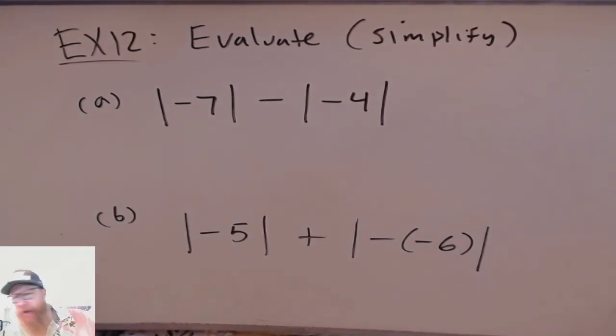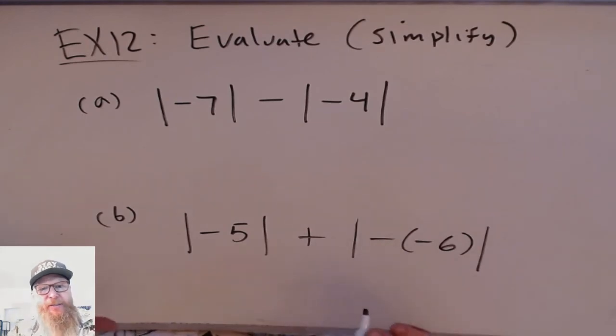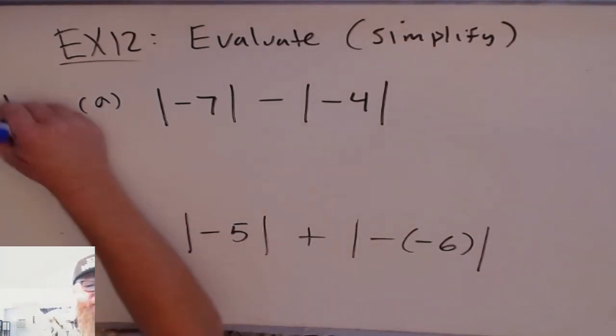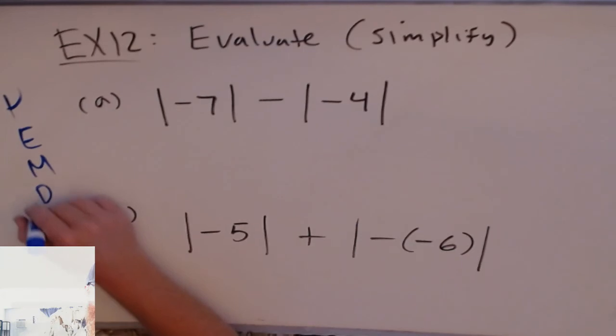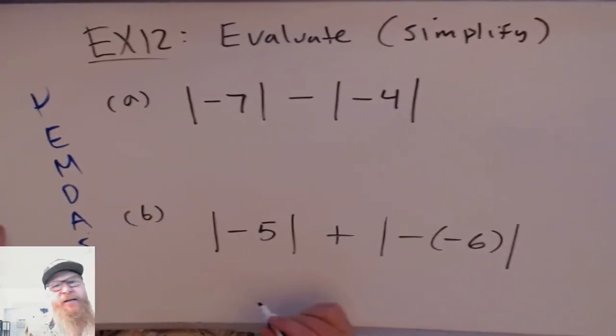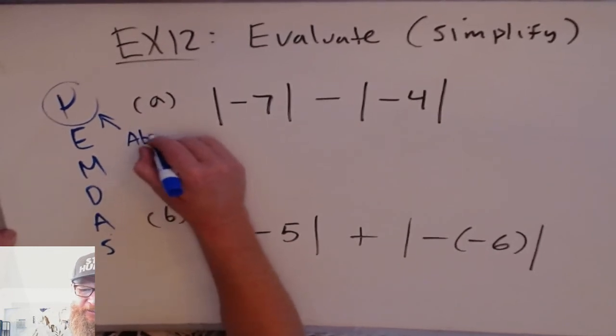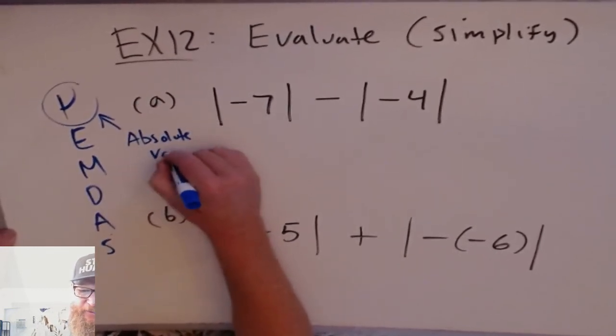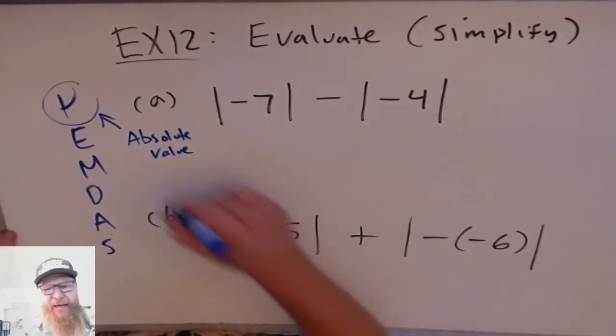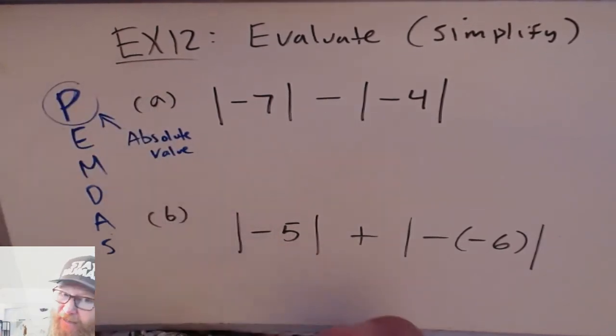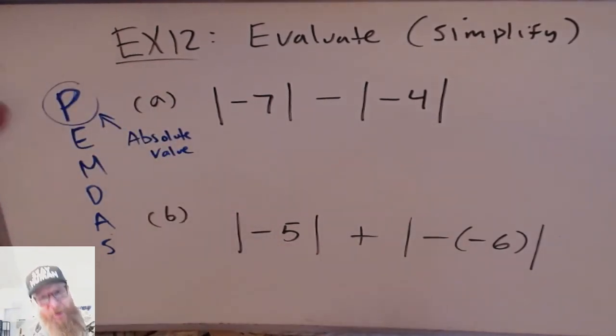Now, make sure you follow the order of operations. Remember with the, please excuse my dear Aunt Sally, or the PEMDAS order of operations, absolute value goes in the very first category. It counts as a parenthesis in the order, even though it's not one.